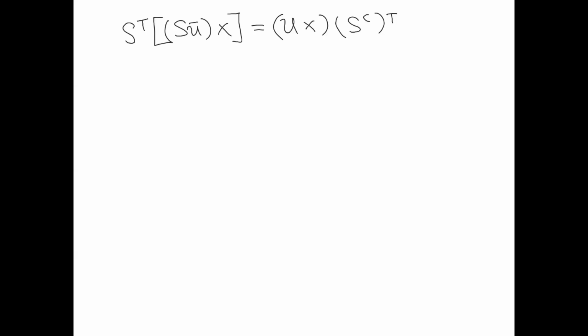On the left-hand side, we have S transpose, we have S, U cross. On the right-hand side, we have U cross, and we have the transpose of the cofactor.